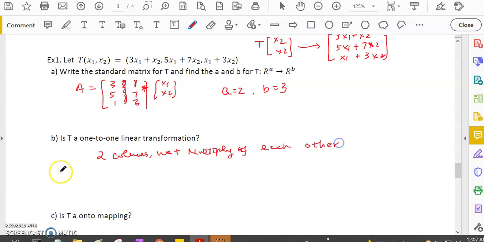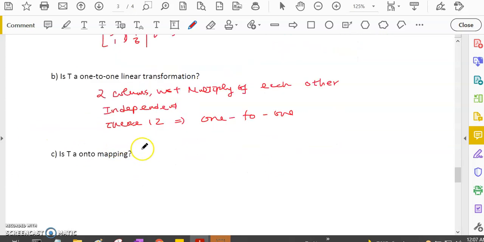So they must be independent, and if they are independent, then according to theorem 12, it is 1-to-1. So for every B, you can only have one way of making it from there.